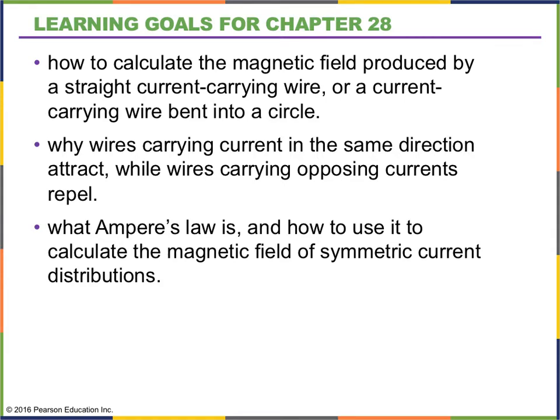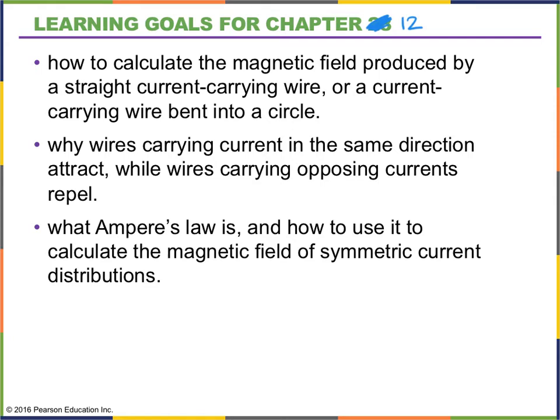So, in general, thinking about some of the specific things that we're going to look at, and I forgot to change this, this is chapter 12, sorry. We're going to look at how to calculate the magnetic field produced by a straight current carrying wire. We're also going to look for the magnetic field due to a current carrying wire in a circular shape.